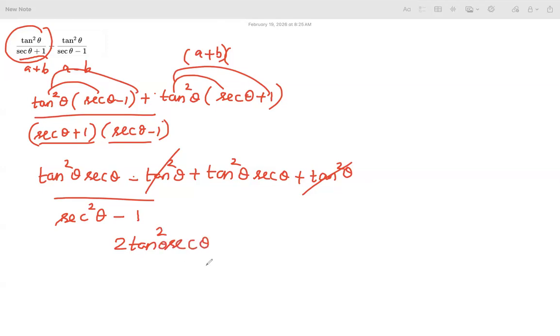Make sense? Divided by, what is secant square theta minus 1 in trigonometric identity? Secant square and cosecant square relate to 1 plus tan and cot, right? So here secant square theta minus 1 will become what?